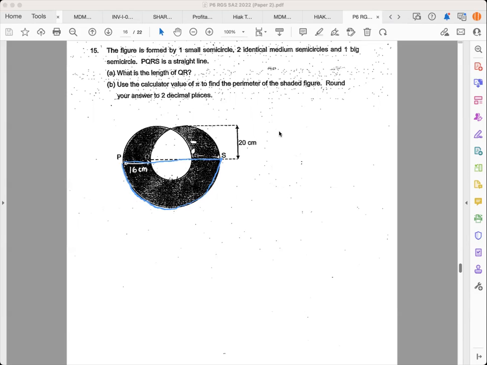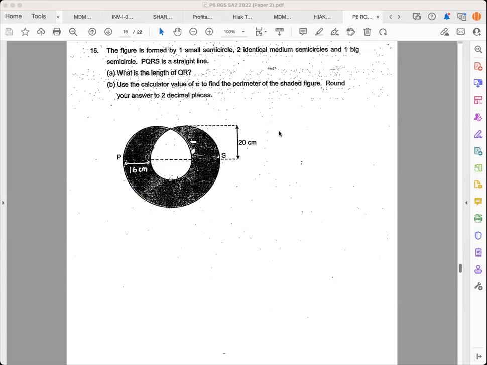Okay, so now you know all the shapes. Now, one common mistake people make is that they assume that this point is the center of the medium semicircle. But it's not true, because you cannot assume unless the question tells you. So this is not the center of the medium semicircle.